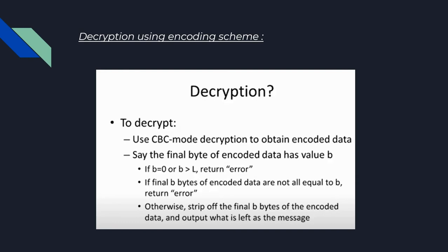And also, if the final B bytes, which are the padding bytes, are not equal to the value B, then it will also throw an error. Otherwise, it will be considered valid padding, the final B bytes are taken away from the message, and the rest of the message will be considered the actual decrypted plaintext.